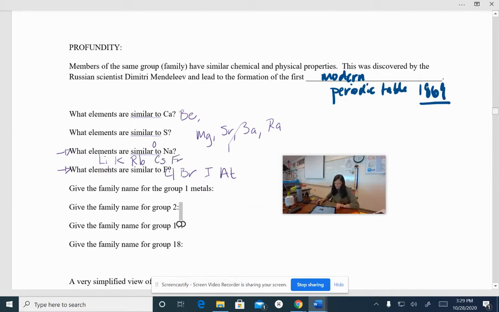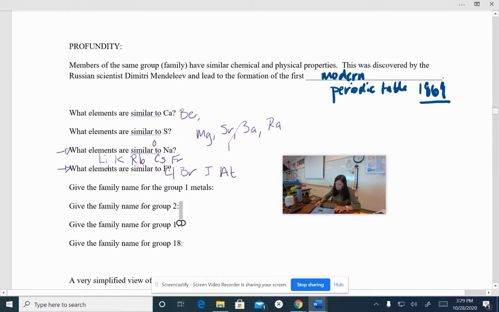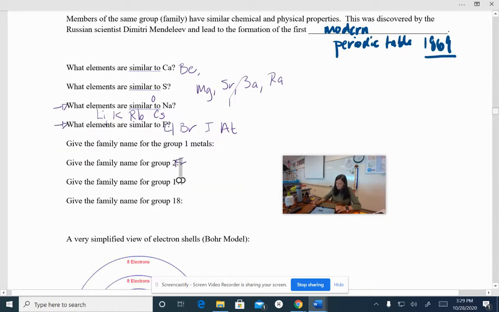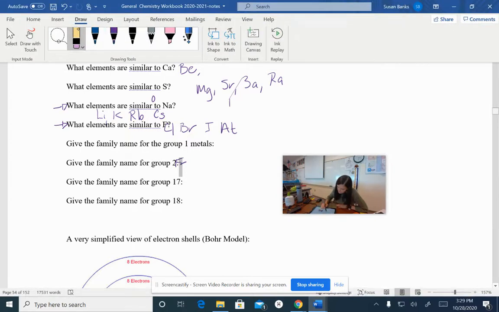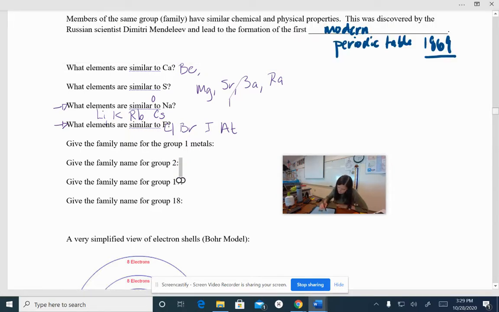Okay, so give the family name for group 1 metals. Now this is kind of a review. If you remember back on our periodic table that we did a couple of days ago, the family name for the group 1 metals are the alkali metals.